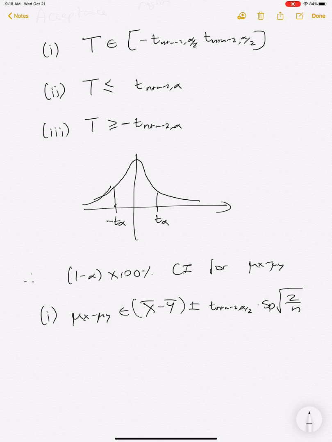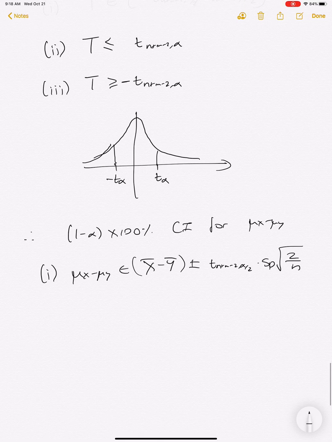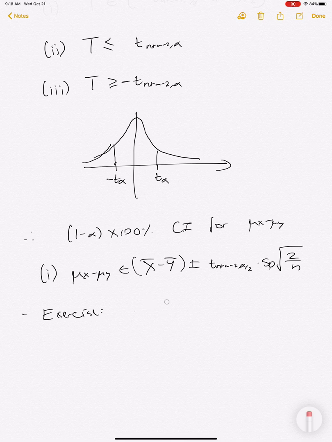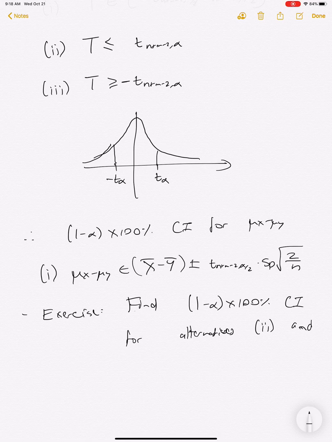Okay, so this gives you the interval, and then as an exercise, find 1 minus alpha times 100% confidence intervals for the one-sided alternatives 2 and 3.